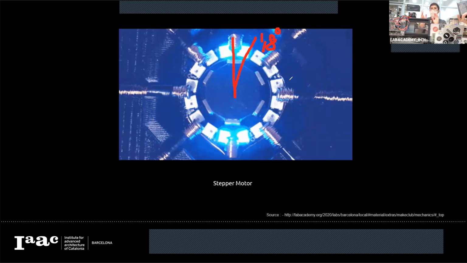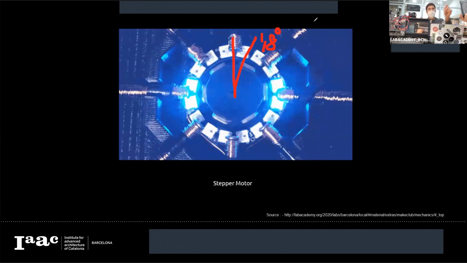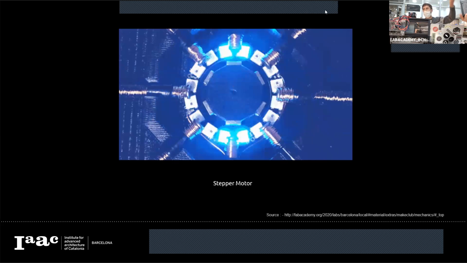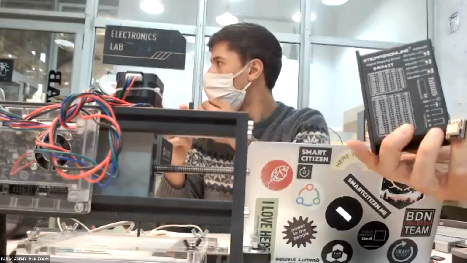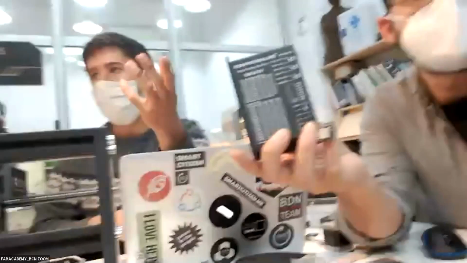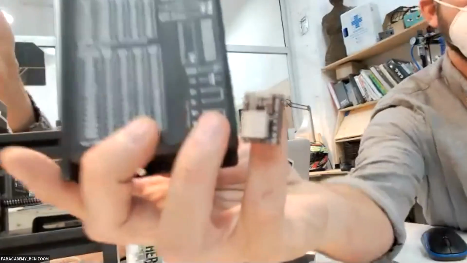This basically does chopping of the current and timing of the coil and in those pins with inputs from the microcontroller, from your ATmega or your ESP32, etc. This one does the same, but is able to handle a lot more current.